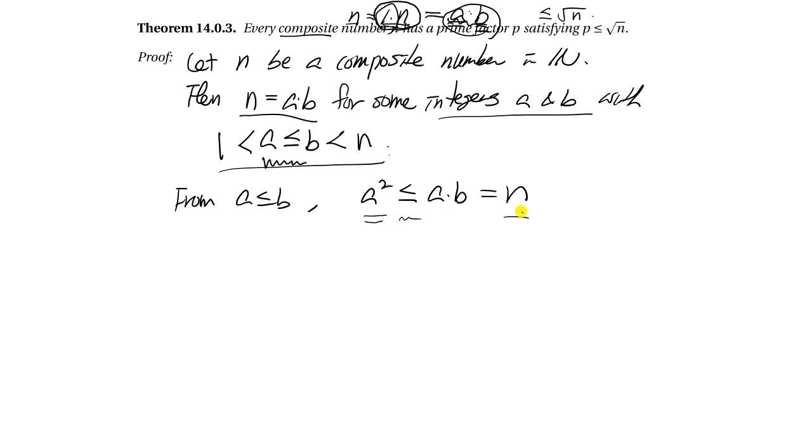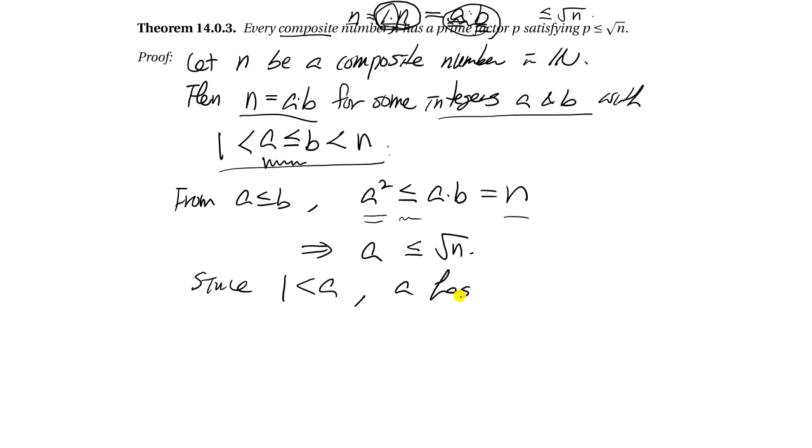So when you take the square root on both sides, we are going to have a is less than or equal to the square root of n. Okay, so we have a is greater than 1. Then by the fundamental theorem of arithmetic, the previous theorem says a has at least one prime factor, right? Because any integer other than 1 has a unique prime factorization. So it has at least one prime factor.